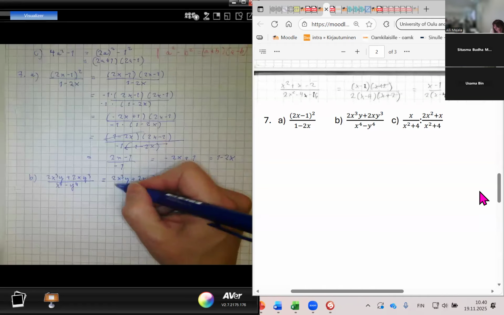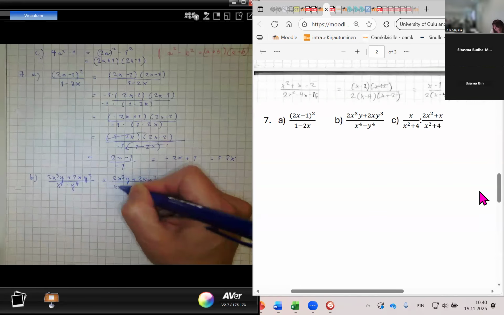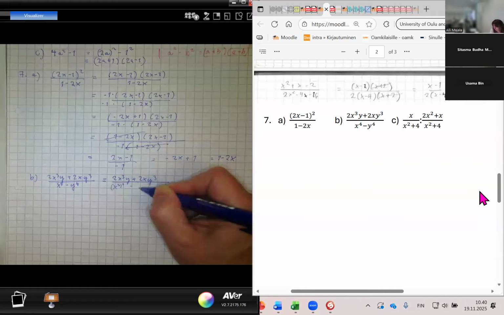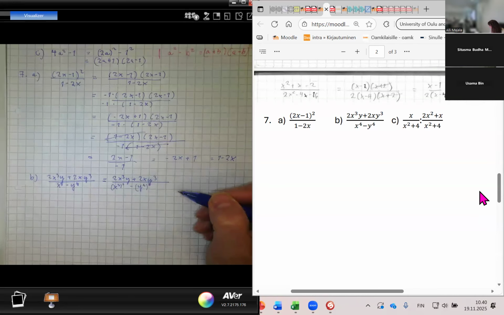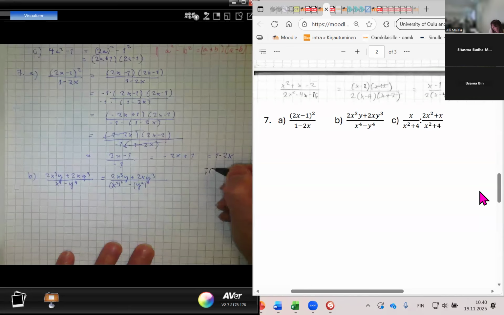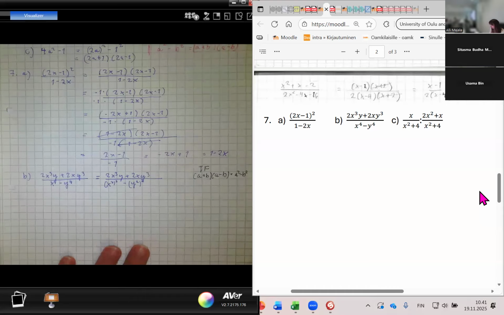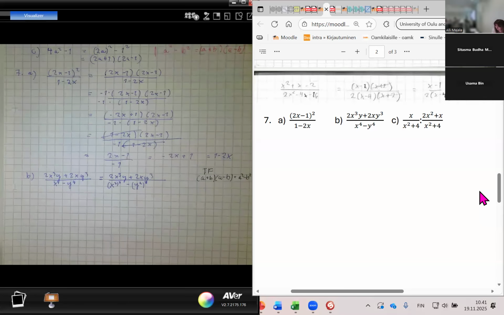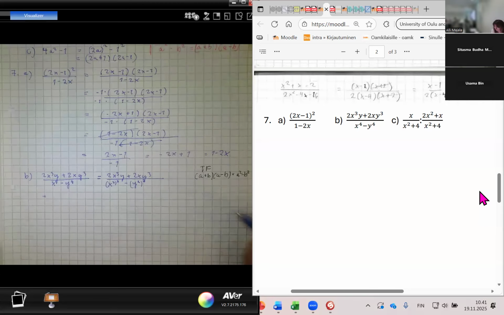And then I know that this is like this. And I know that I have this kind of a dependency here. And then I just modify that.